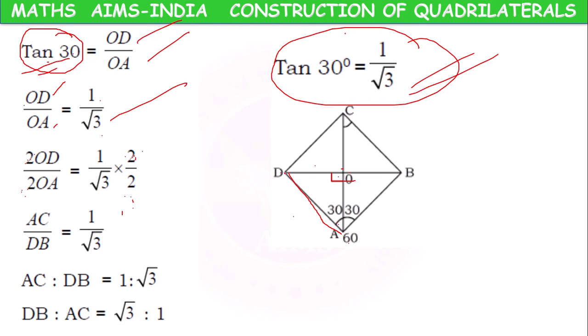Then 2 OD, double of OD, is BD, because here the diagonals are bisected. OB and OD are equal, so double of OD equal to BD.